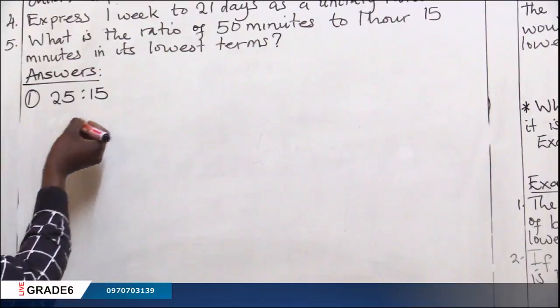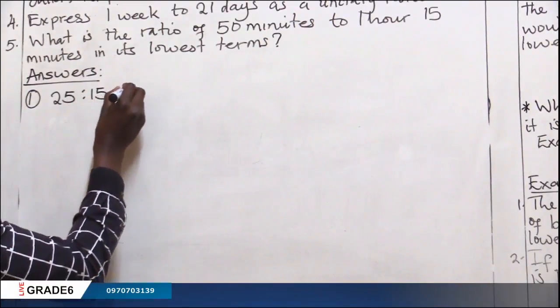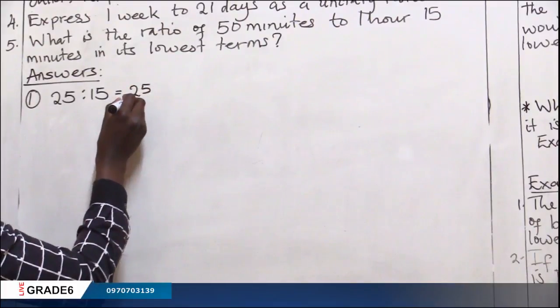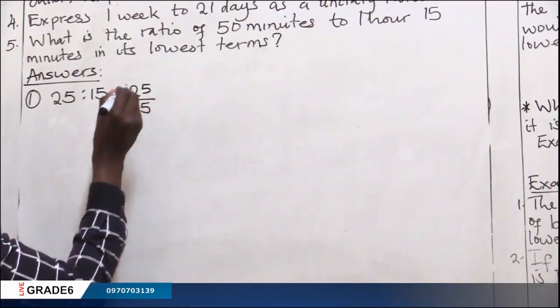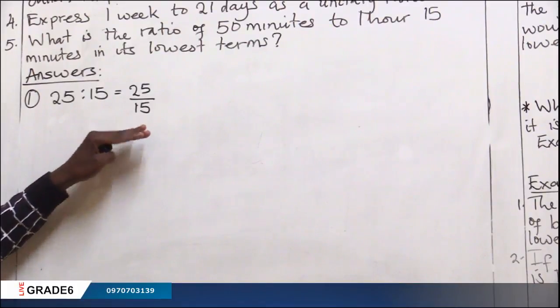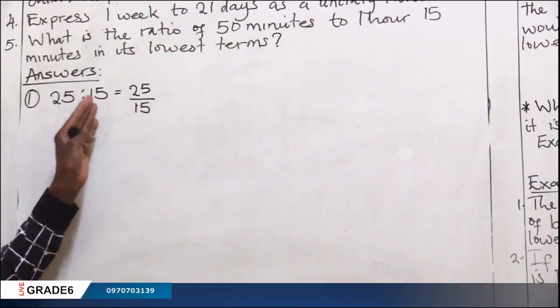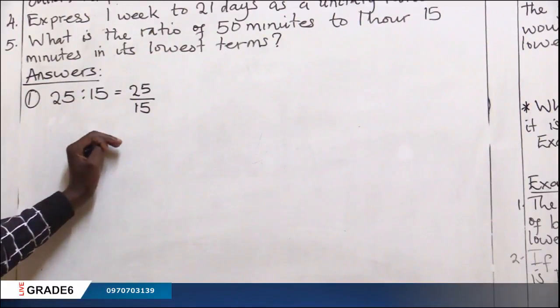You can write this ratio as a fraction, 25 over 15. Look for a factor that can go in 25 and in 15 without leaving a remainder.